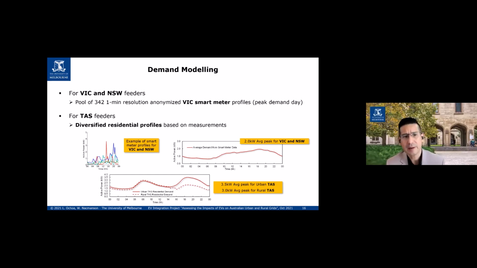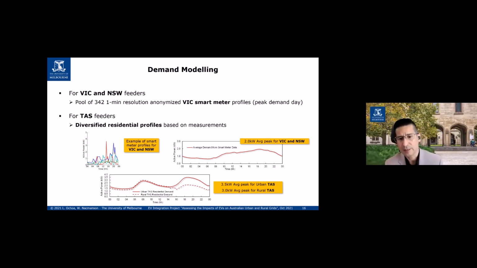Now, in terms of demand and the corresponding modeling behind it, as I was mentioning, for Victoria and New South Wales we were using anonymized smart meter data from Victoria, and for TasNetworks we were using diversified profiles provided by TasNetworks. Of course, the moment we use smart meter profiles, we are able to do this in a very granular way.